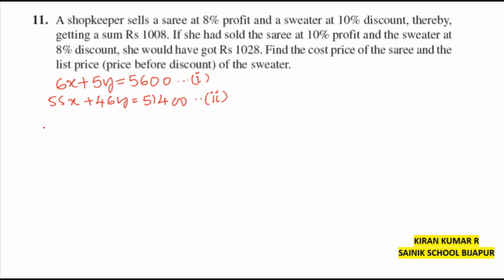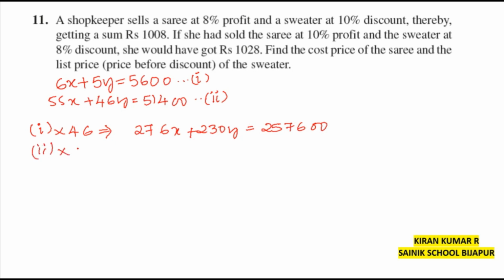So if you do that, equation 1 multiplied by 46, we get 276x plus 230y equal to 257600.